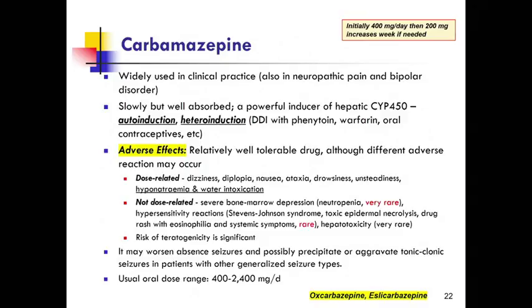And then the non-dose related adverse effects: bone marrow suppression leading to neutropenia, just that it is rare. It's not something you see frequently. Then hypersensitivity reactions. This one doesn't apply only to carbamazepine. It applies to what are called aromatic anti-seizure drugs, including phenytoin, phenobarbitone, and carbamazepine.